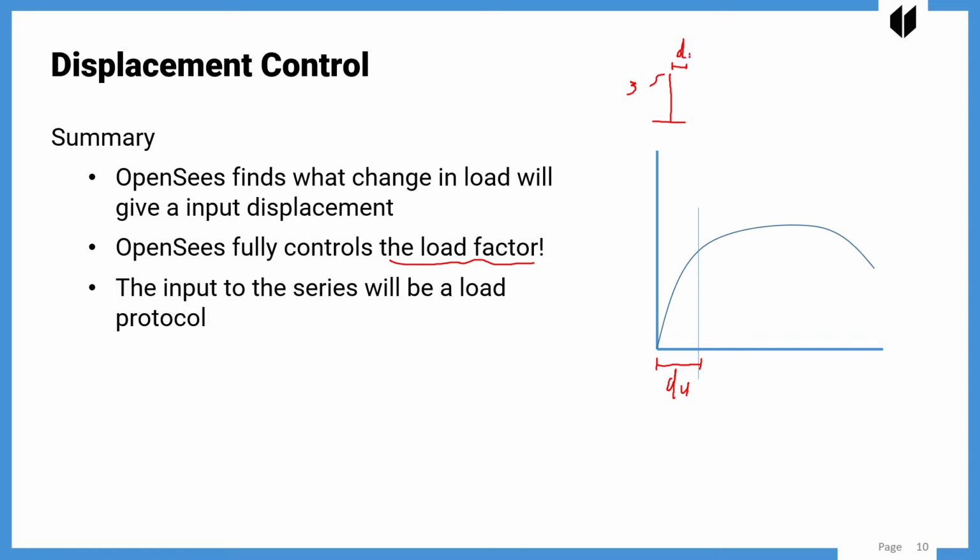And then by specifying du, assuming we have some loads here, OpenSees will figure out how to scale the load factor such that the new displacement in the model is equal to this change du. So again, the big difference here logistically is we're not dealing with a time series anymore. We're going to be telling the model to change the displacement by a certain amount, and then OpenSees will handle the internals of changing this load factor.